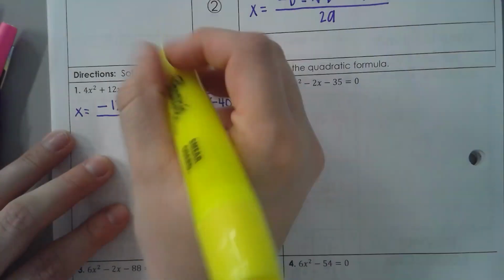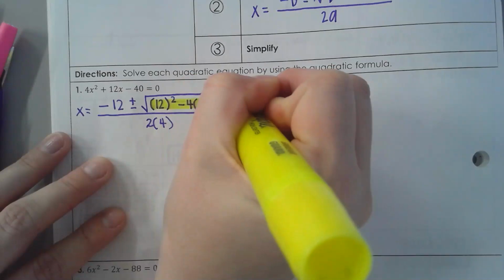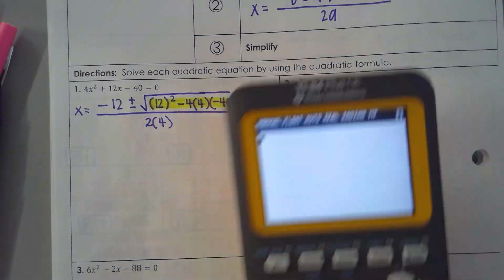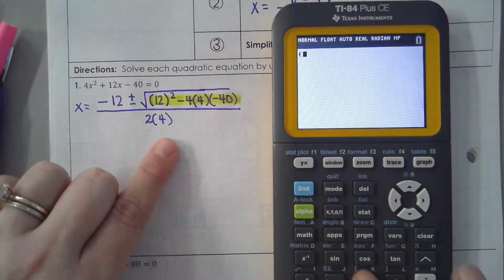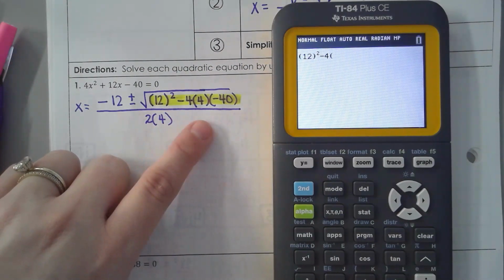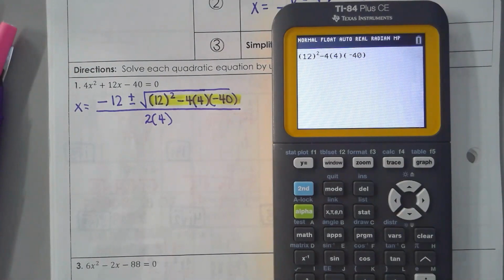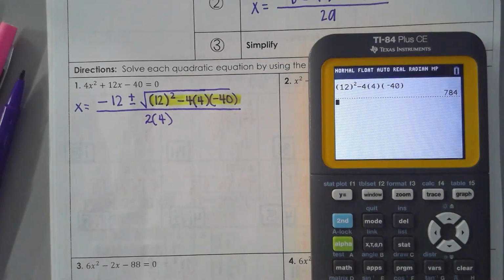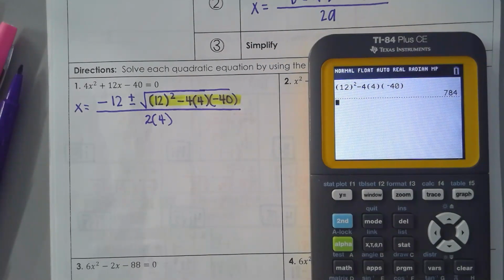You're going to type in the numbers under the square root. Don't include the square root, just the numbers underneath. So 12 squared minus 4 times negative 40. And you should get 784.